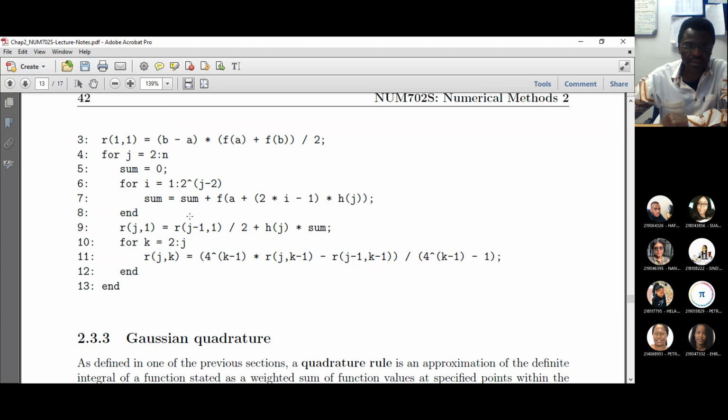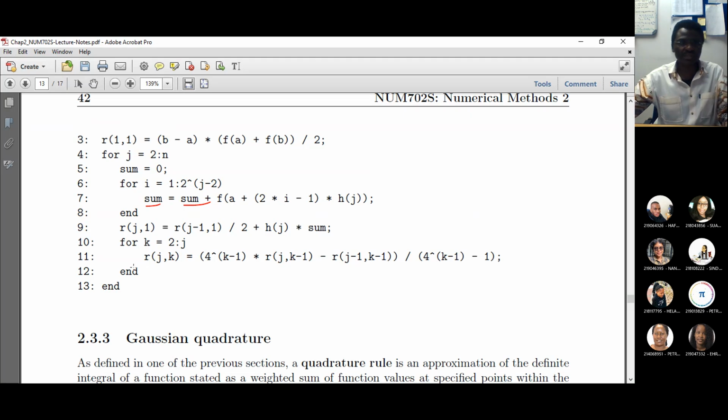And for the sum, I already told you how to compute the sum. When you have a summation somewhere, you take that sum to be 0, and you write something of this form: sum is equal to sum plus what you want to add, so that it appears here, right? When you are done with the sum, then you can come and write this, right?